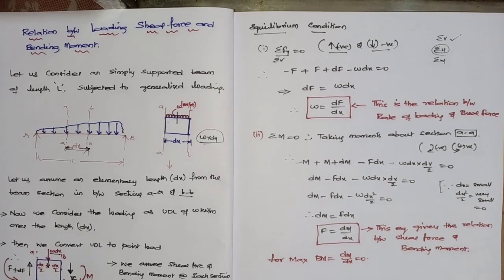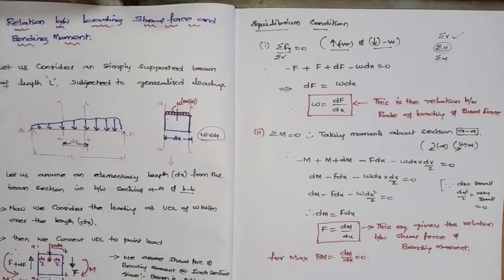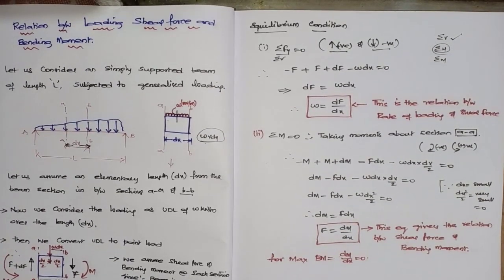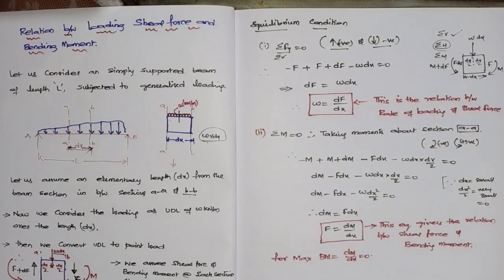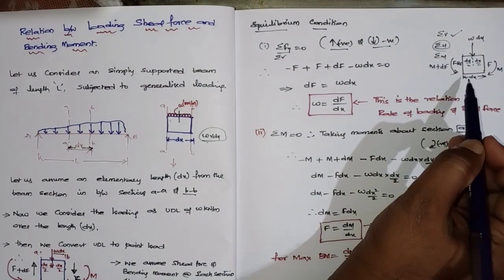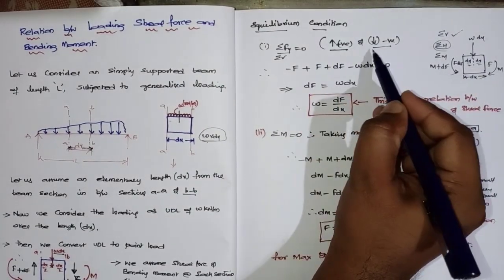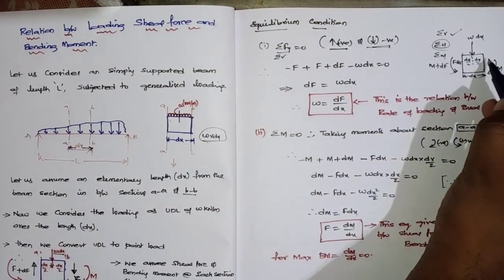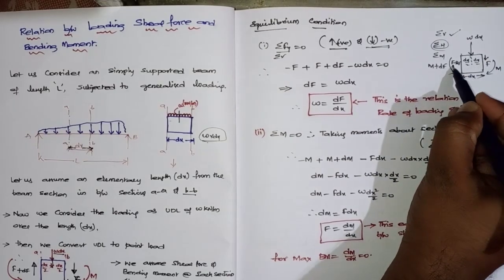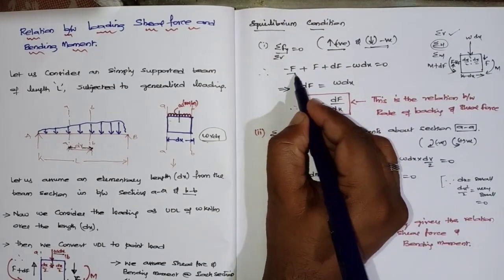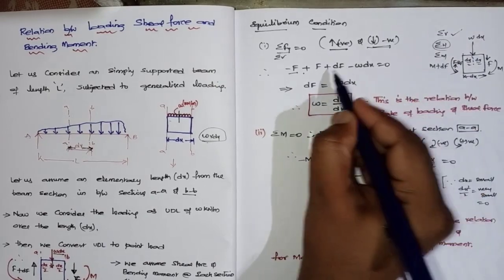Again, I have redrawn the figure here. Taking upward forces as positive and downward forces as negative, this is acting downwards and this is acting upward, so minus F plus F plus dF.